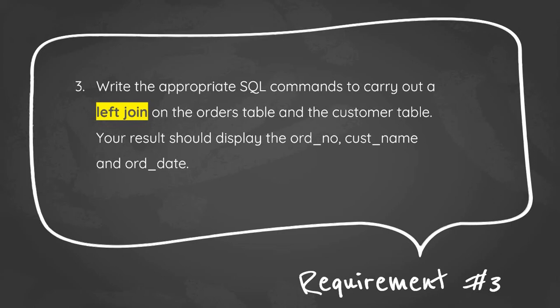Because we're asking for the customer name, and the only place the customer name exists is in the customer table, the left join should actually be done on the orders table and the customer table. So I made that quick correction to our requirements.